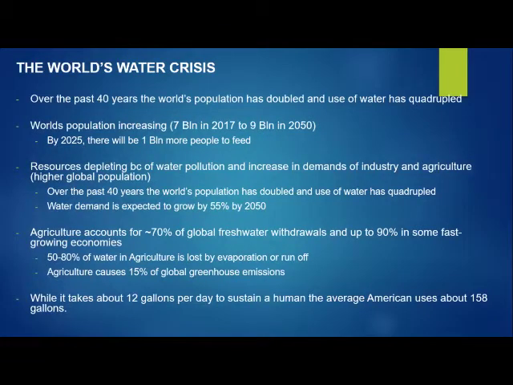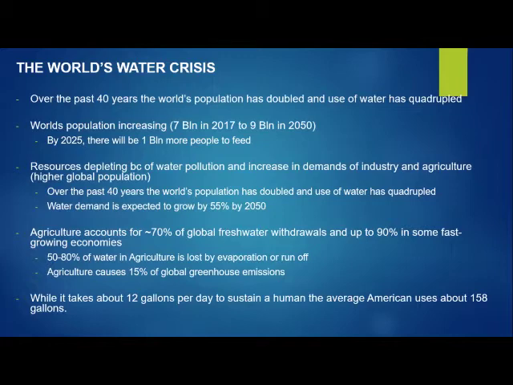All right, so let's start off by looking at the water crisis globally. Now, if we look at what's been happening with the world population over the last 40 years, the world's population has actually doubled in size, and the need for water, therefore, has increased by 4 times.